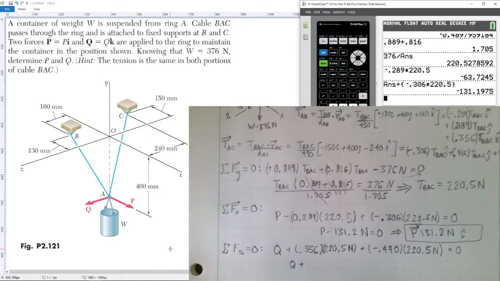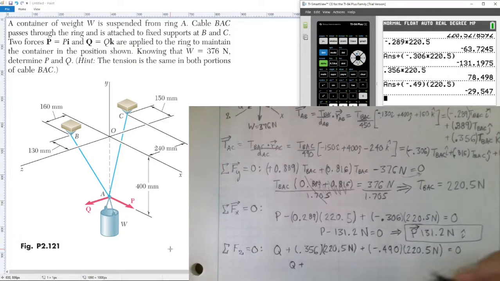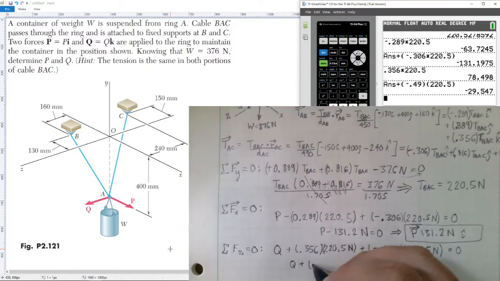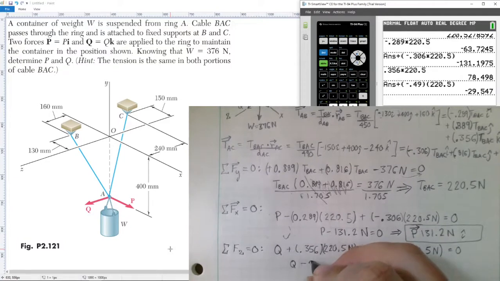Go to the calculator, so 0.356 times 220.5 plus, in parentheses, negative 0.49 times 220.5. We get a value of negative. It is negative. So let's get rid of this plus sign, make it simple. We're subtracting, so it's minus 29.6 newtons equal to 0.